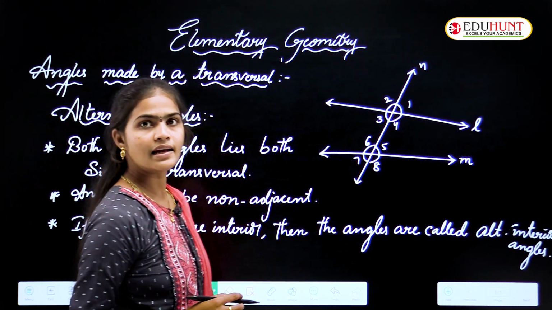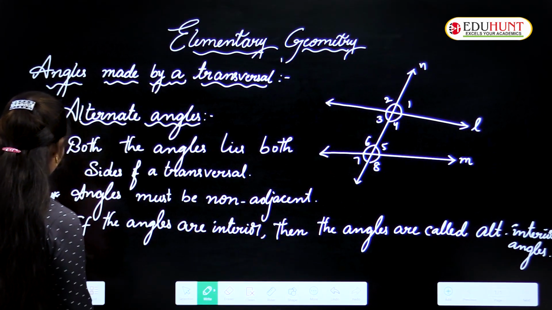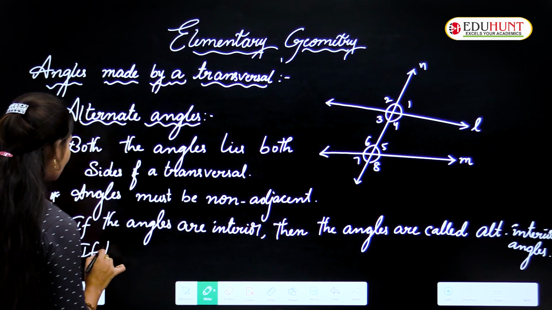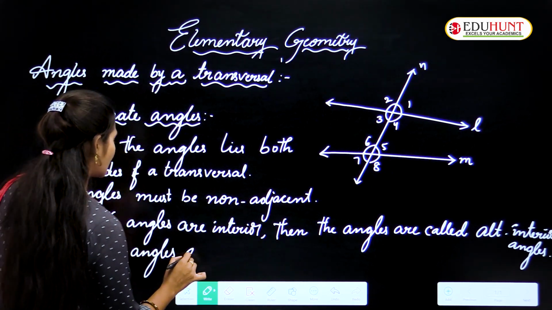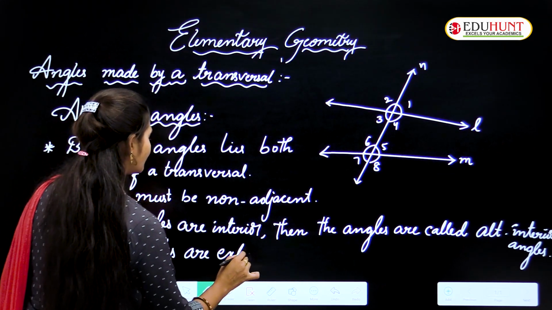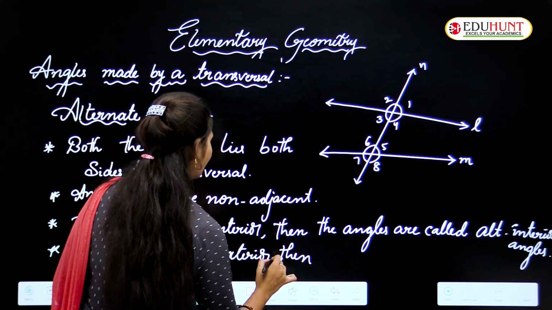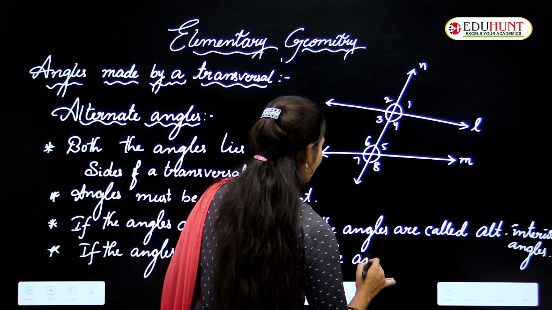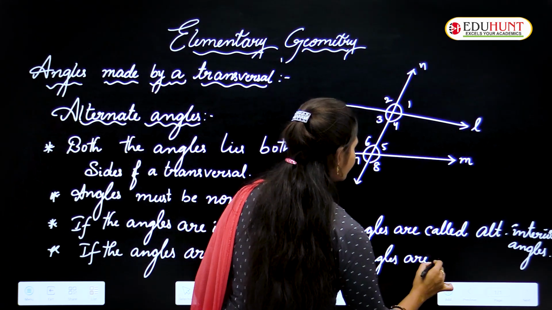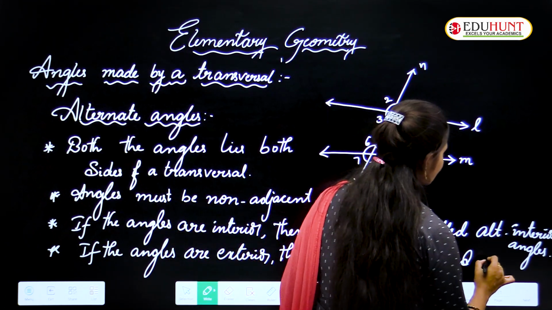Okay, then the angles are alternate interior angles. Next, if the angles are exterior, then the angles are called alternate exterior angles.